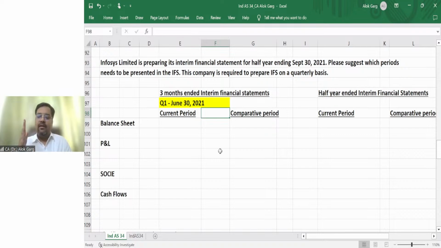For example, their unit tests are happening on a quarterly basis. So they have 4 columns: June, September, December, March. March will be the full year, the final exam. So when she appears in the June exam, the result will come and the marks will be allotted in the June column.